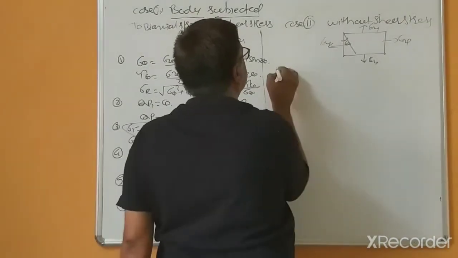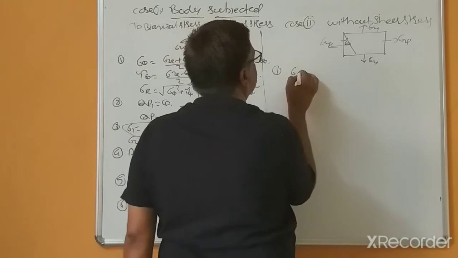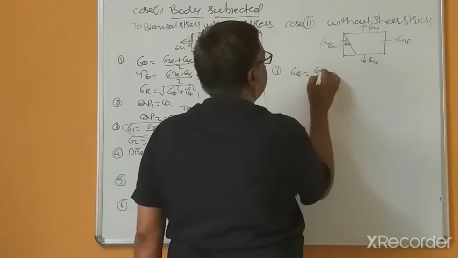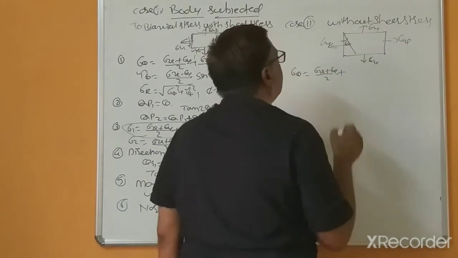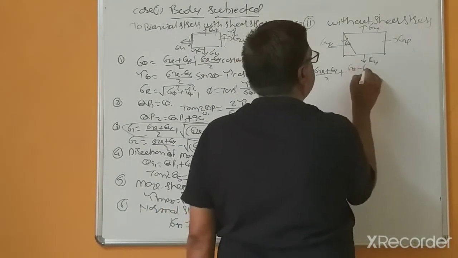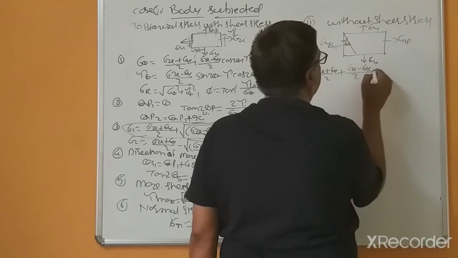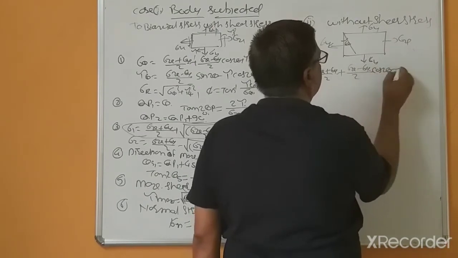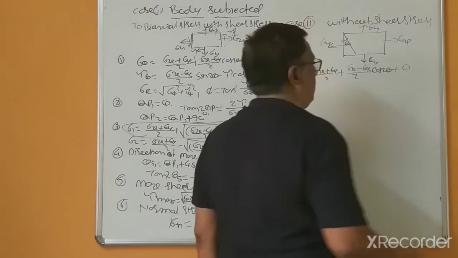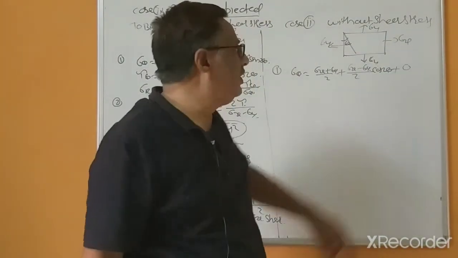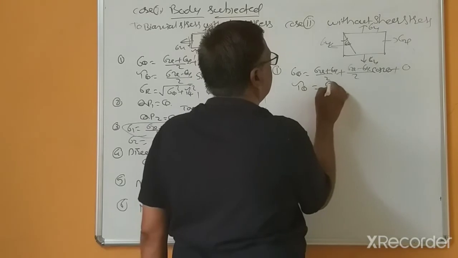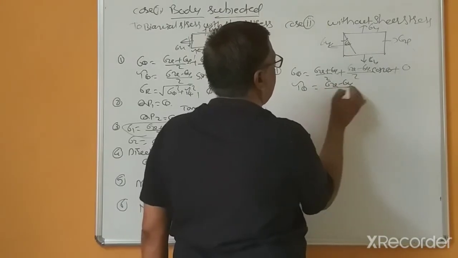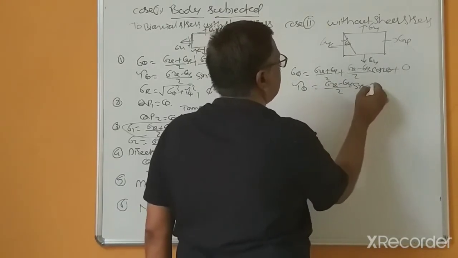So first, sigma theta equals sigma x plus sigma y divided by 2 plus sigma x minus sigma y divided by 2 cos 2 theta plus 0. Why is this 0? Because tau equals 0, and tau theta equals sigma x minus sigma y divided by 2 cos 2 theta.